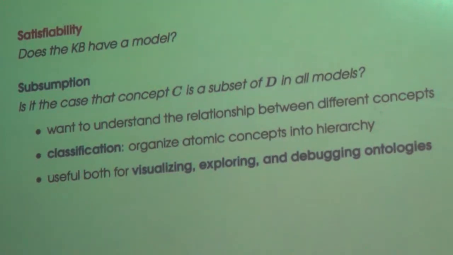Because satisfiability, okay, we definitely want our knowledge base to be satisfiable, but that's a pretty minimal guarantee on the quality, right? The fact that there are no contradictions doesn't mean that it gives us the information we want.